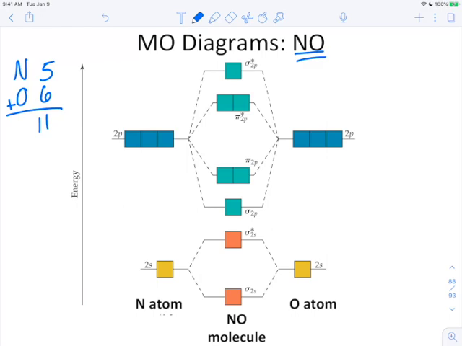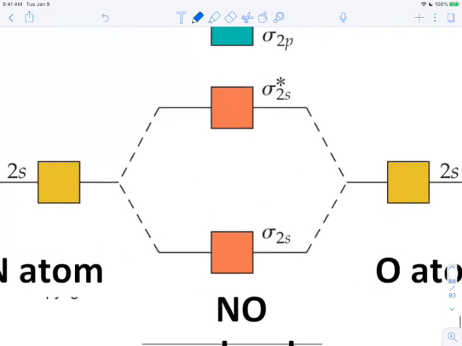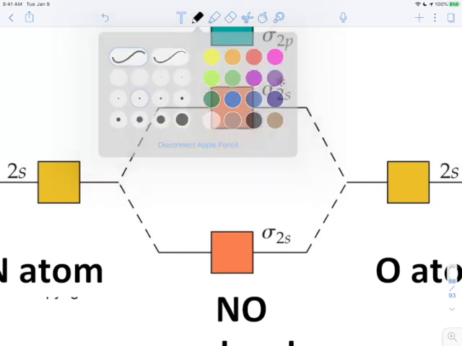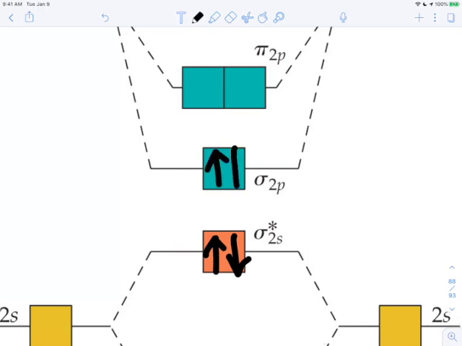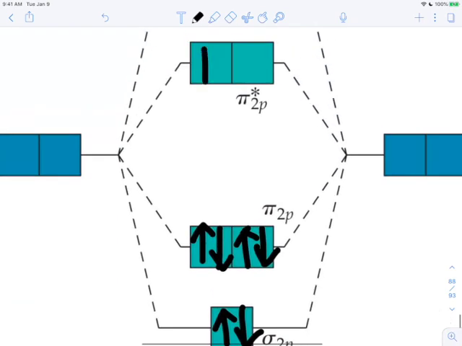But let's go ahead and let's start adding these in. So we have 11 to put in. 1, 2, 3, 4, 5, 6, 7, 8, 9, 10, and 11.